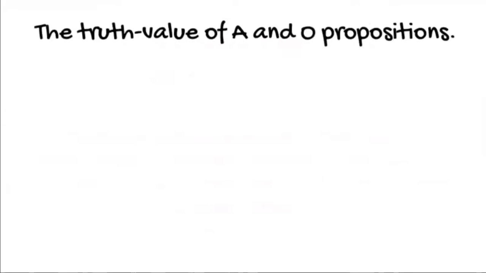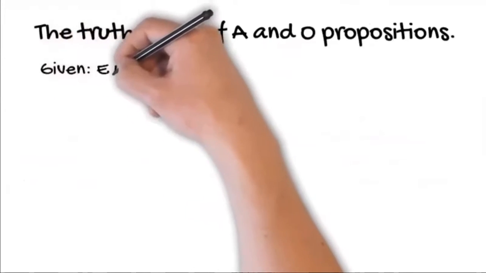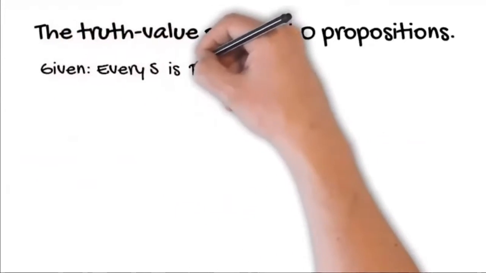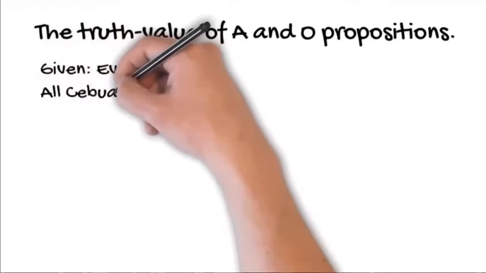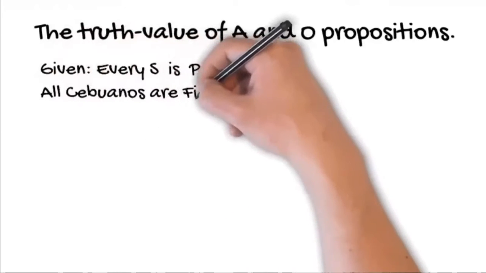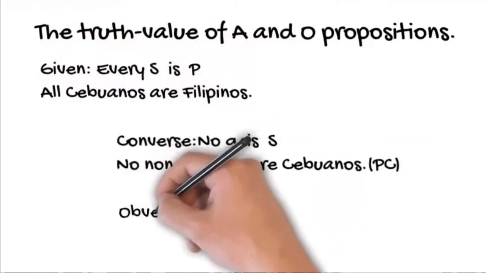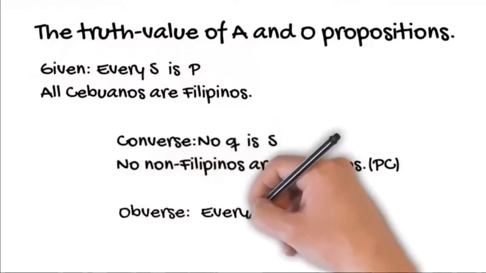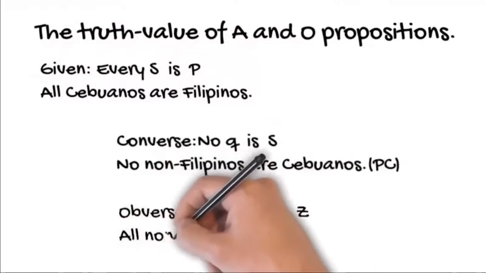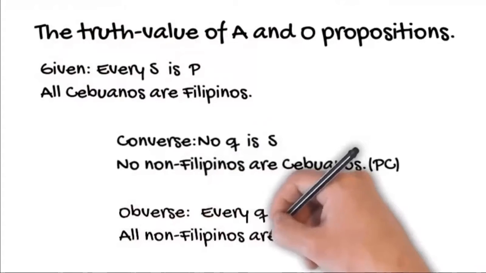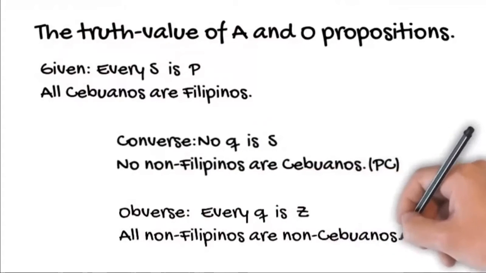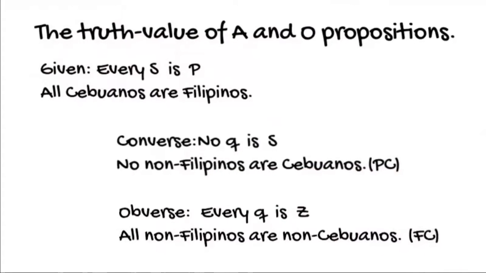So to apply the truth value of the proposition, if it is correct to say that all Cebuanos are Filipinos, it is also correct to say that no non-Filipinos are Cebuanos and all non-Filipinos are non-Cebuanos.